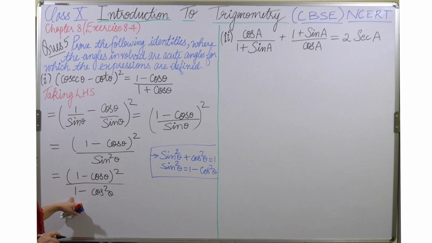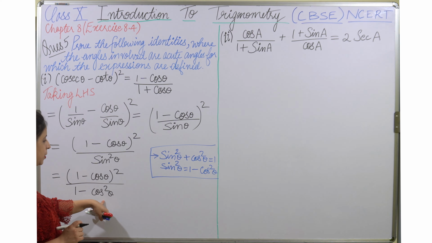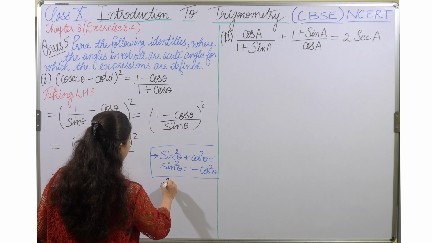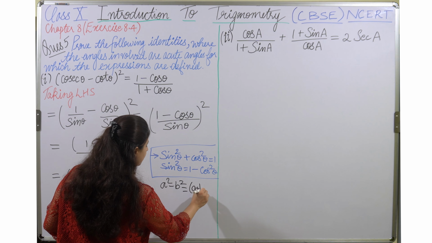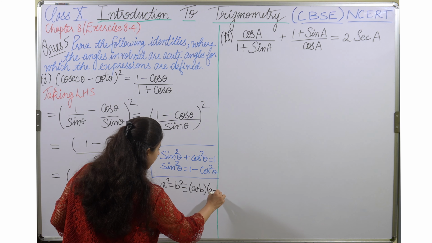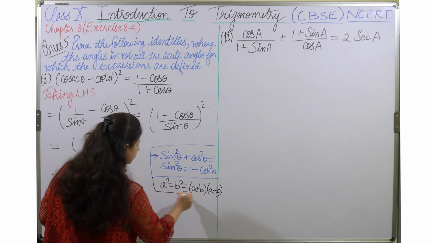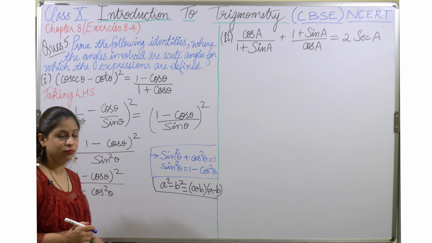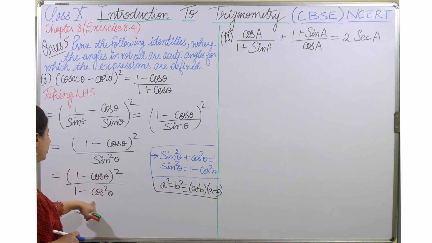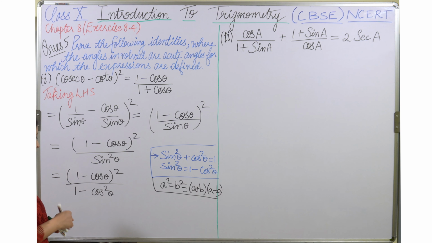Now the denominator forms the formula a square minus b square, which is equal to (a plus b) into (a minus b). I will apply this formula in the denominator and open it.